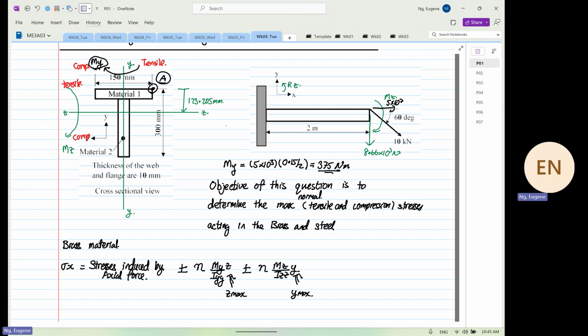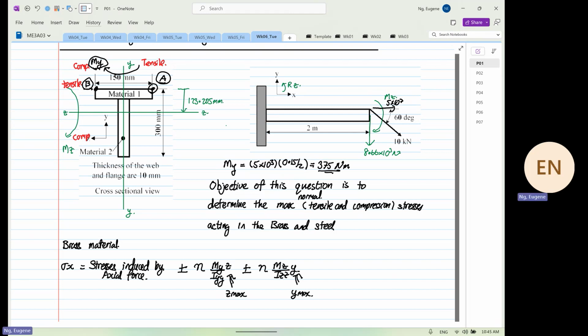So the maximum magnitude will occur at only 2 points. One is at point A, the other one is at point B. Yes or no? There's only 2 points that are possible, right?